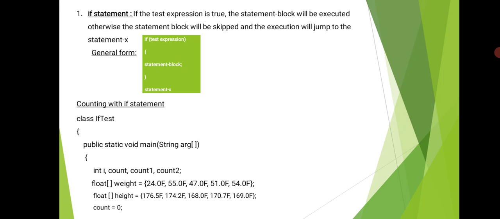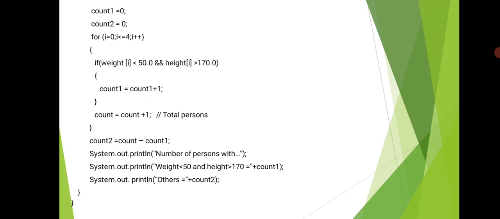Then we initialize count, count1 and count2 to 0. We write a for loop here because some condition should be repeatedly checked, so we want an iterative method, that is a looping statement. Here I am using a for loop.